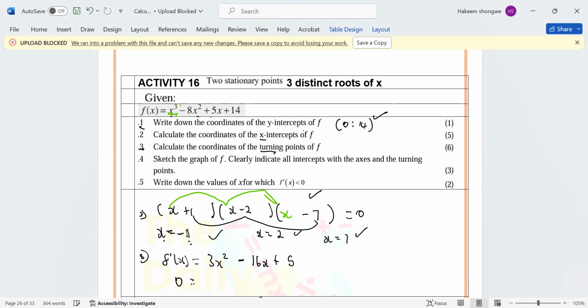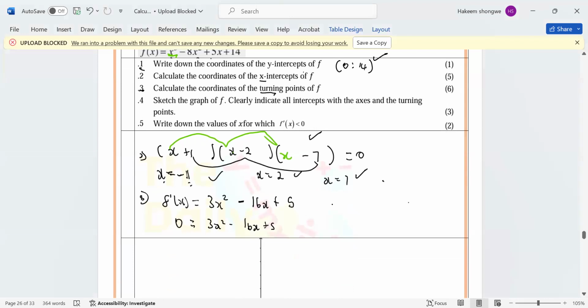And then we tell them 0 is going to be equal to 3x squared minus 16x plus 5. Now, from here, we can take the quadratic formula, which says x is going to be equal to minus open bracket minus 16, plus minus root of minus 16 whole squared minus 4 multiplied by 3 multiplied by 5, all over 2 into 3.